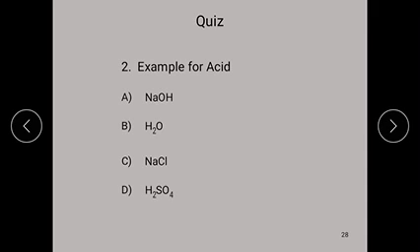NaOH is a base. H2O is acting as both acid and base. It is a neutral component. Sodium chloride is the salt. Here H2SO4 is the acid, sulfuric acid. The right answer is H2SO4.